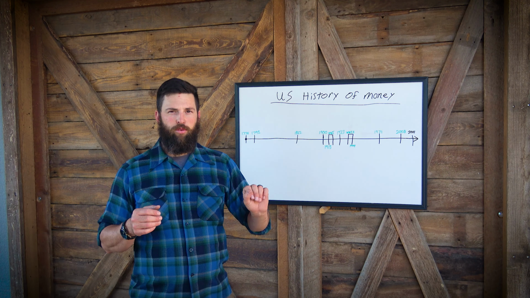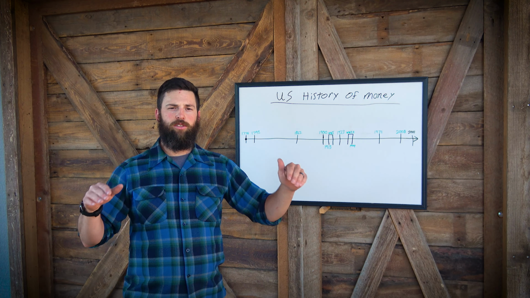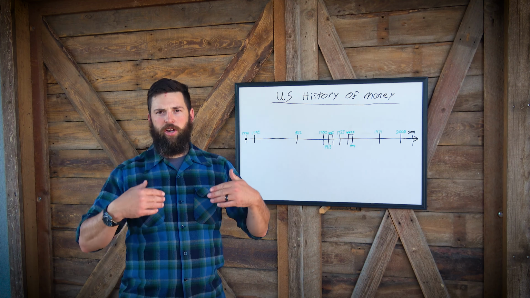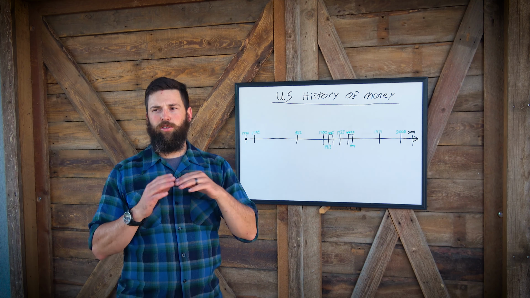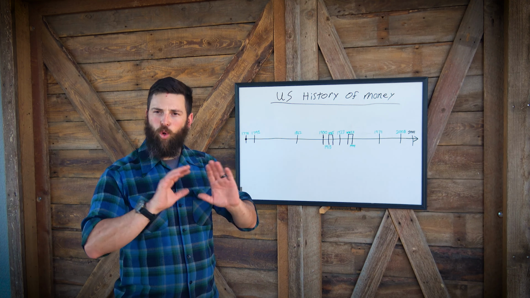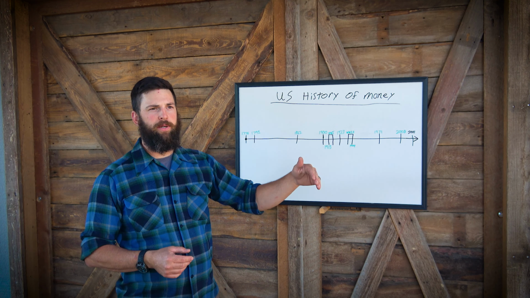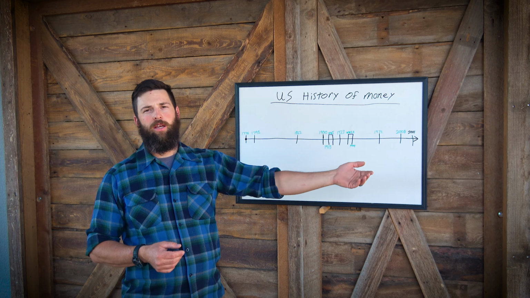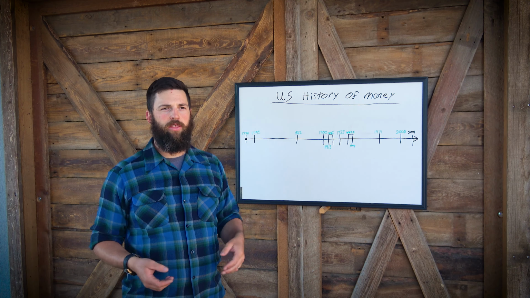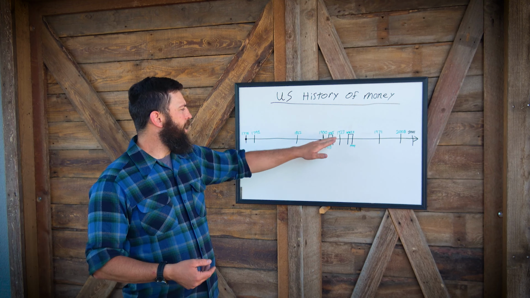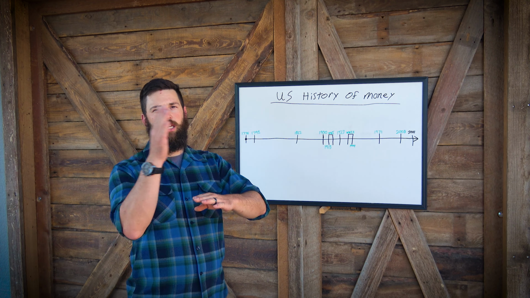In 1933, he said, hey guys, it's illegal to own gold as private property. But tell you what, turn in your gold, we'll give you the dollars, you're losing nothing, it's still being backed, don't worry, we got this. It's for the good of the country, we need the gold, right? So all the citizens turn in their gold, or we're supposed to, they get their dollars, and then boom, he devalues it.